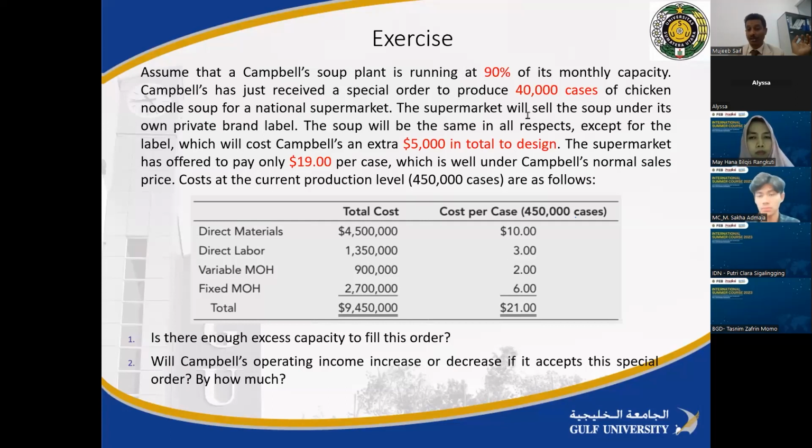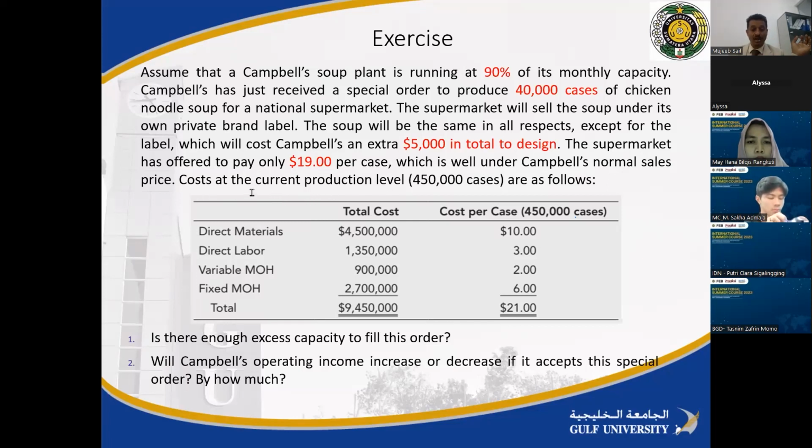The supermarket will sell the soup under its own private brand. So the soup will be the same in all respects, except for the label, which will cost our company an external 5,000 in total to design. The supermarket has offered to pay only $19 per case, which is well under our company's sales price.